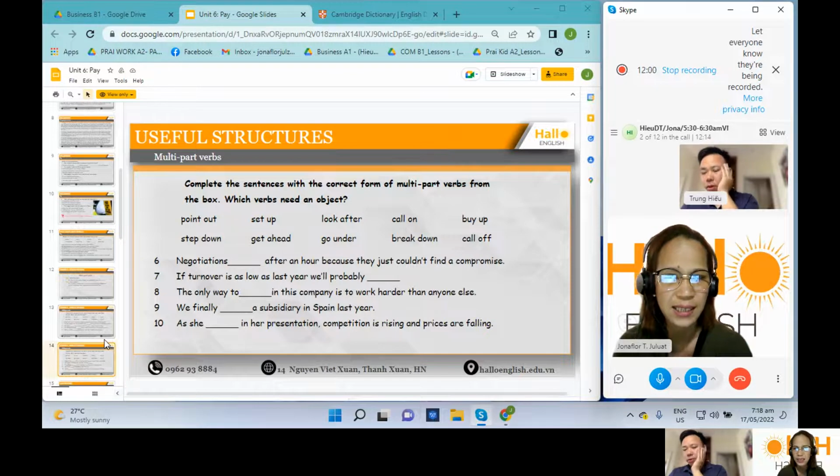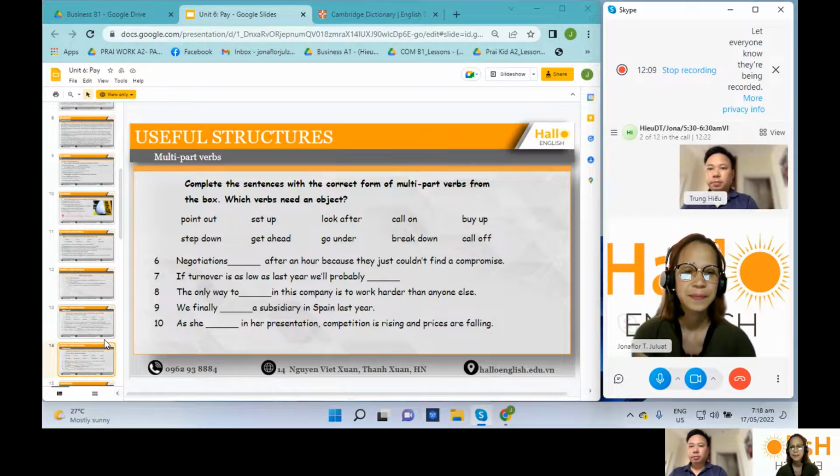And for number 6, negotiations set up after an hour because they just couldn't find a compromise. Right? Okay. How about number 10? As in her presentation, competition is rising and prices are falling. Yes.